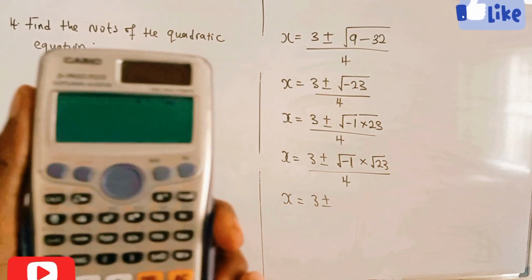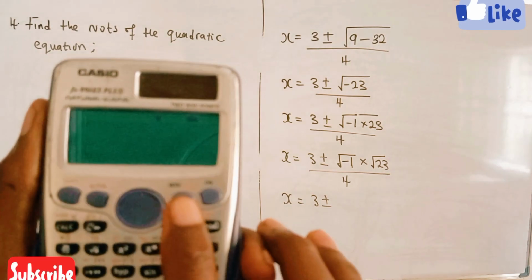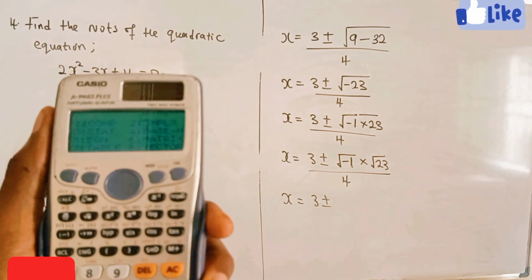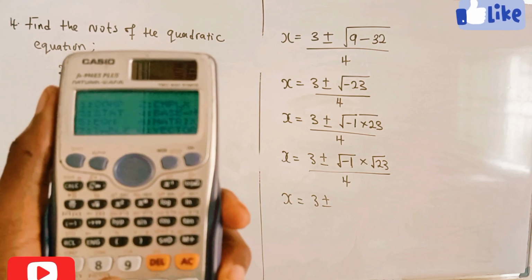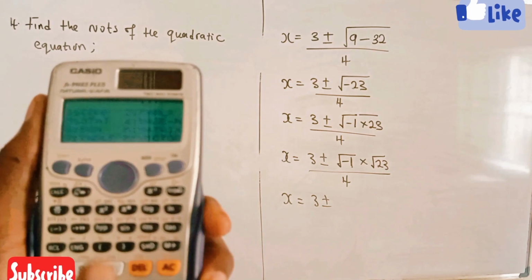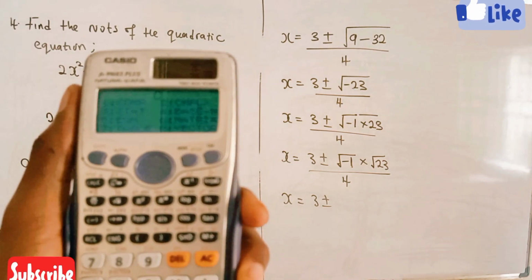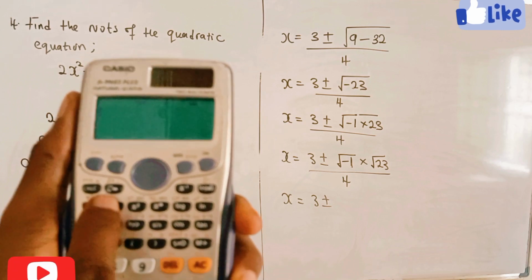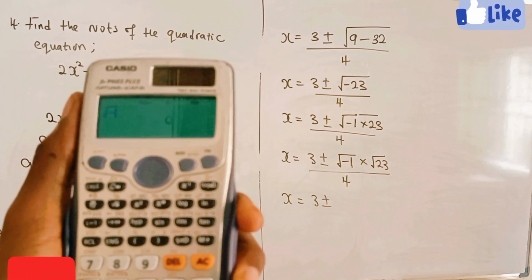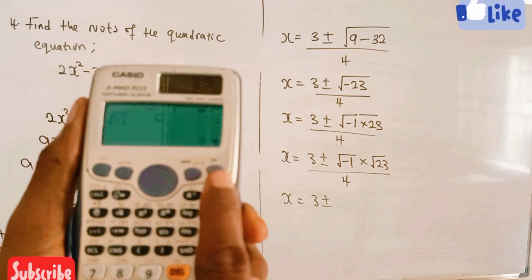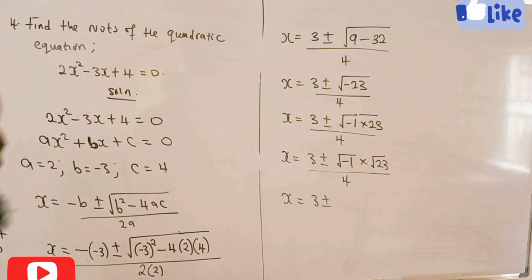You can put your calculator in complex mode. You hit on number 2, that's the mode option, then number 2 there is complex. And once you're in complex, you can now punch square root of minus 1 equal to, you see, it gives you i, right?